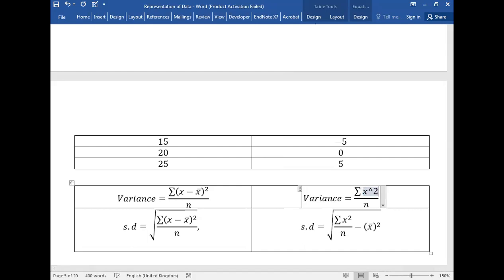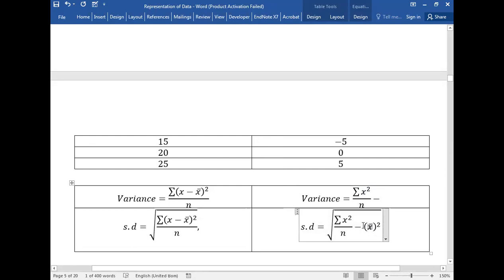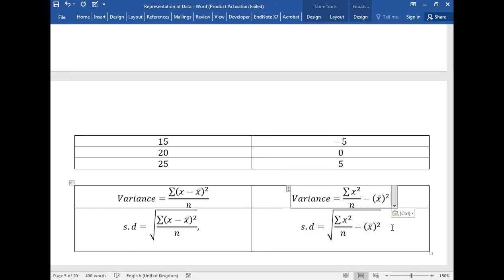You add all the squares and divide by n, minus the square of the mean. The full derivation of how both of these mean the same thing, I've posted it. I'll share it with you as well. Both of these will give you the same result.